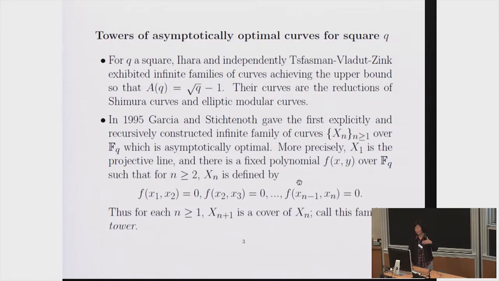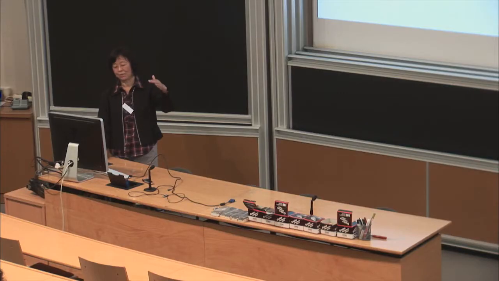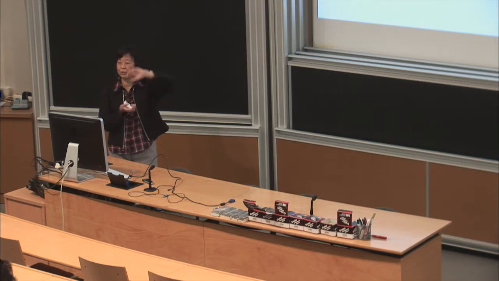Each curve is a complete intersection: for the nth curve, you take n variables and n minus 1 equations, except that these n minus 1 equations are all the same polynomial, using only 2 variables, each time only consecutive variables. So from this, it's very clear that X_{n+1} is a cover of X_n. In their infinite family, it's a sequence of covers, which we call a tower.